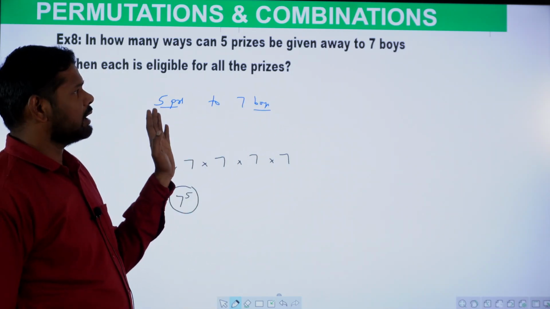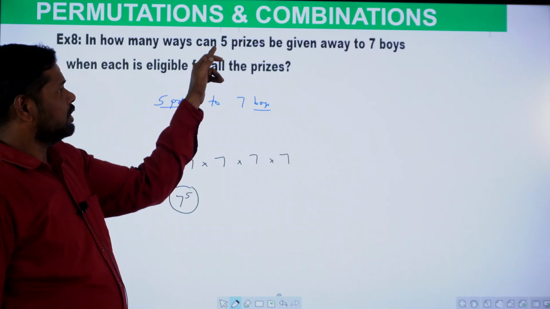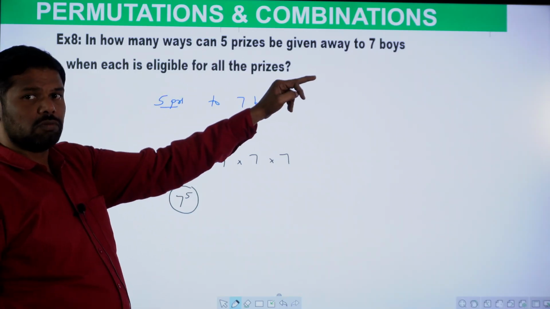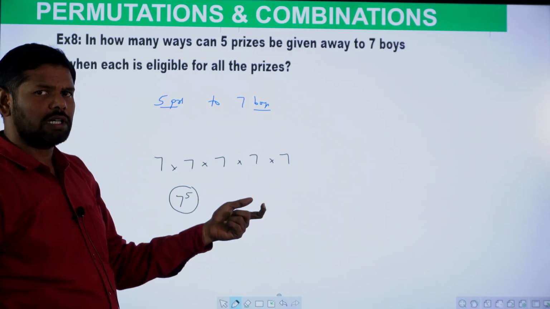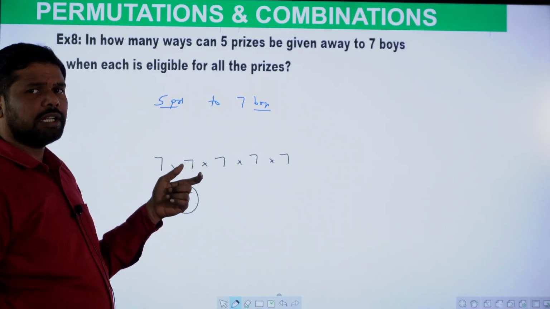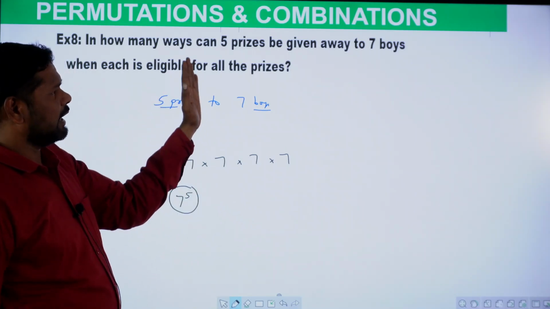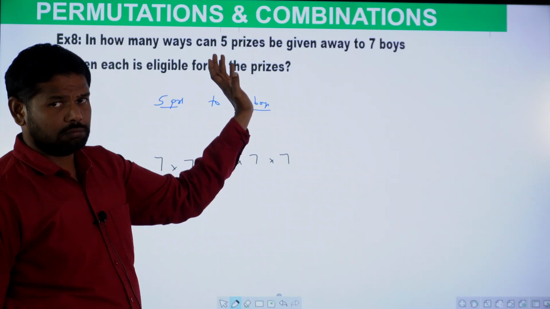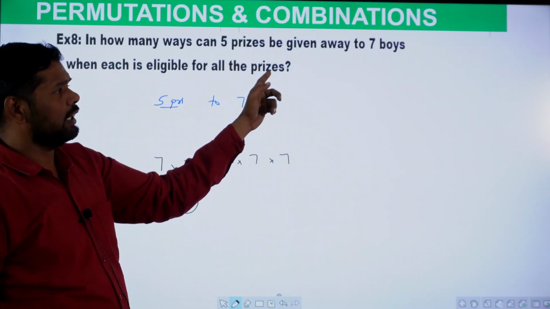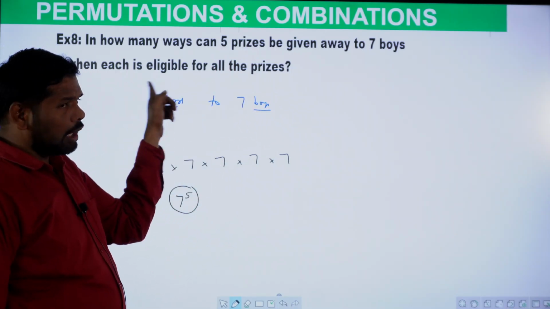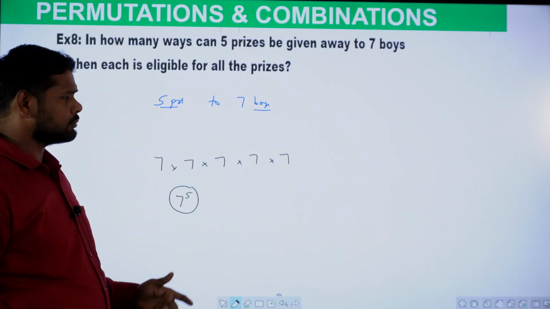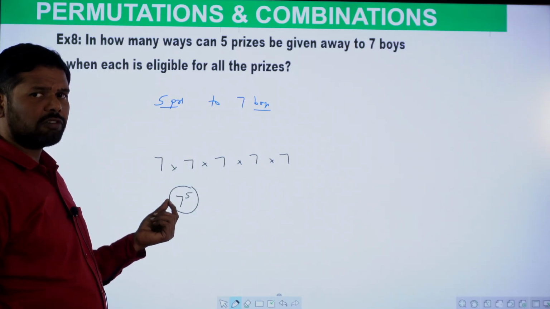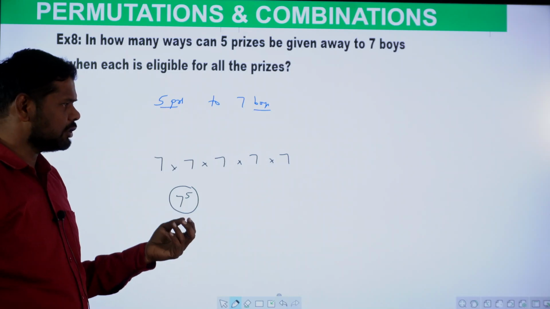But it is not possible to distribute 5 prizes to 7 boys. Only 5 boys get prizes, remaining 2 get none, but those 5 boys can be anyone. So 5 prizes go to any one of the 7. All are eligible for all prizes. That's why 7, 7, 7, 7, 7. So how many ways means 7 power 5 ways, 16807 ways.